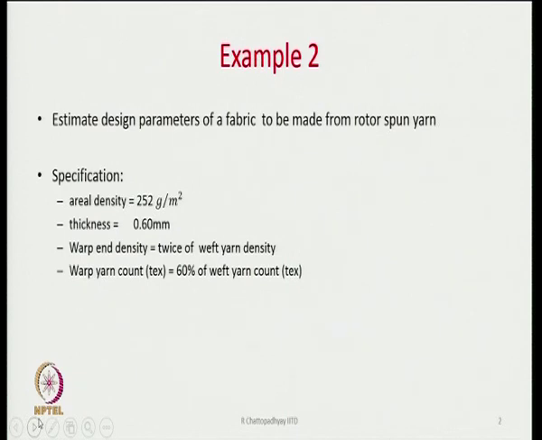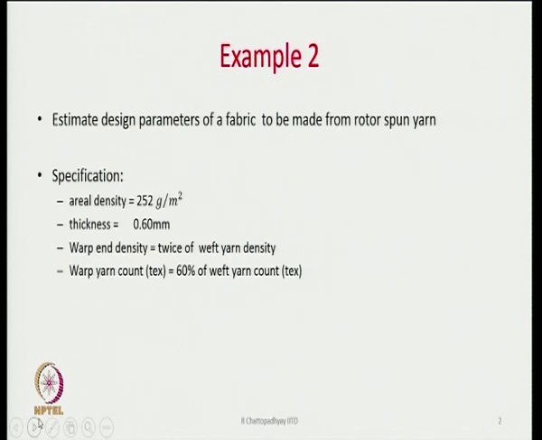So, whatever the weft yarn density is, warp density should be twice of that, or vice versa. If the warp yarn density is x, the weft yarn density should be x by 2. And warp yarn count is 60% of weft yarn count.